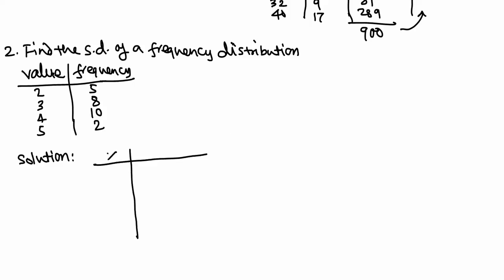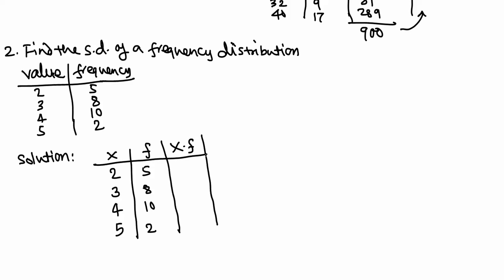So x is the given sample data values, 2, 3, 4, 5. Frequency: 2 comes 5 times, then 8, 10 and 2. First we need to find the average or the mean of this data. For that we find x times f, multiplying the data with its frequency.